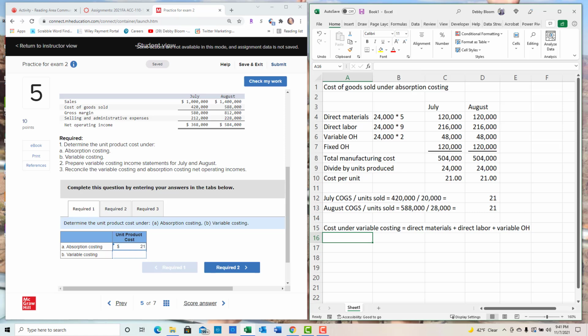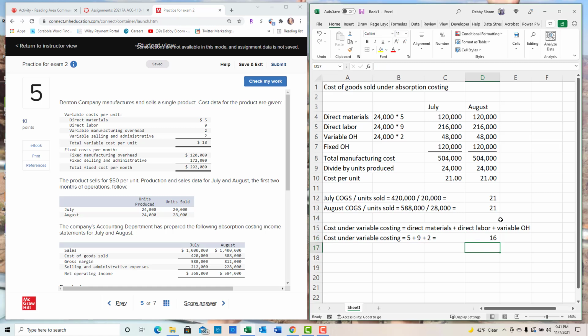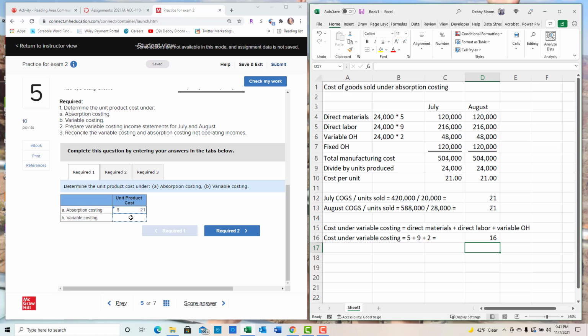So our unit cost under variable costing, all we're going to do is add 5, nine, plus 2. That should equal 16. Which gives us $16 per unit.